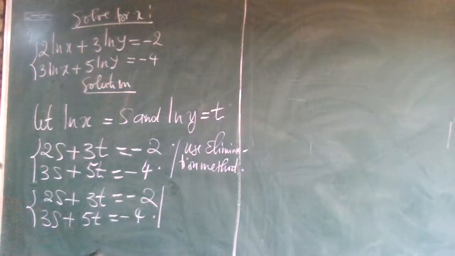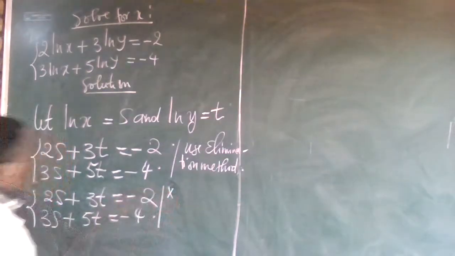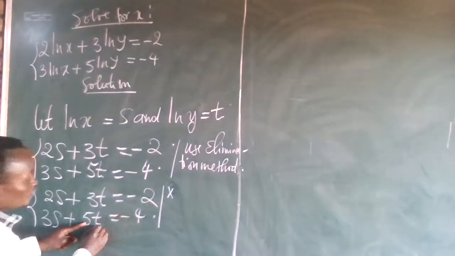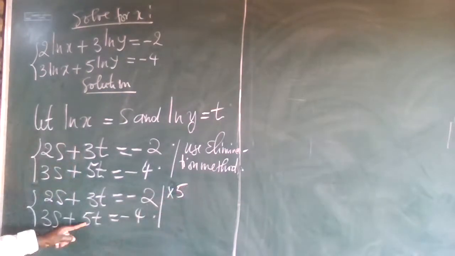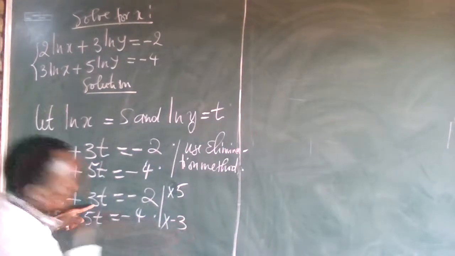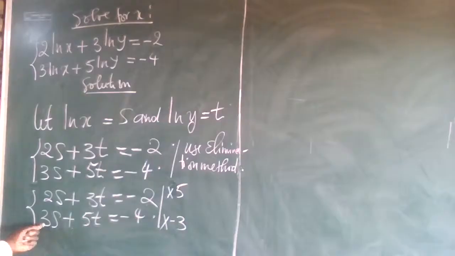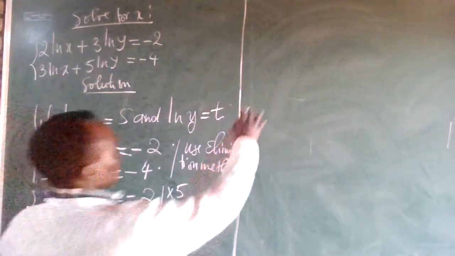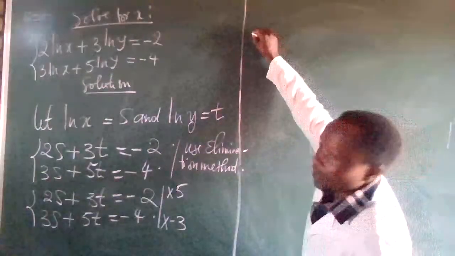It means you multiply by 5, and here you multiply by minus 3, so that among those two lines, one line is negative. Now let us come to this part.